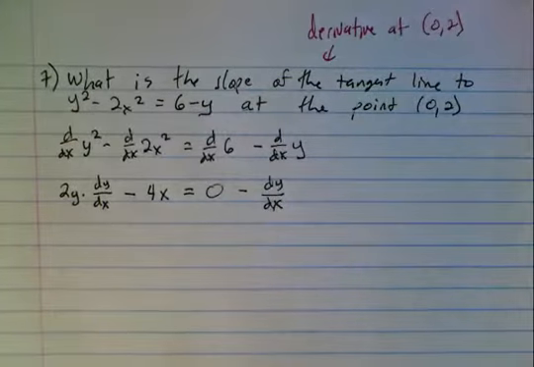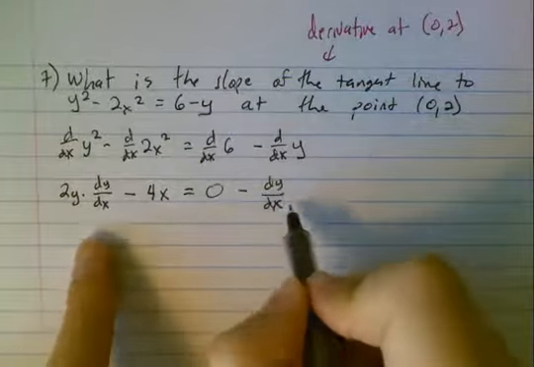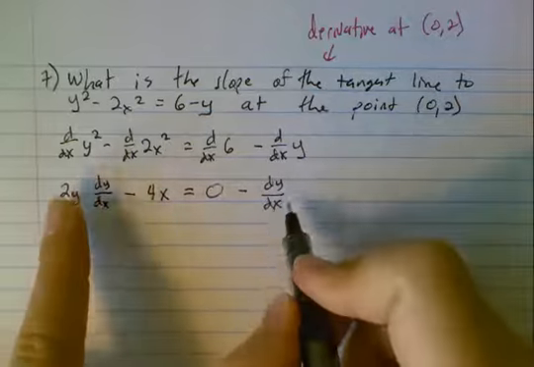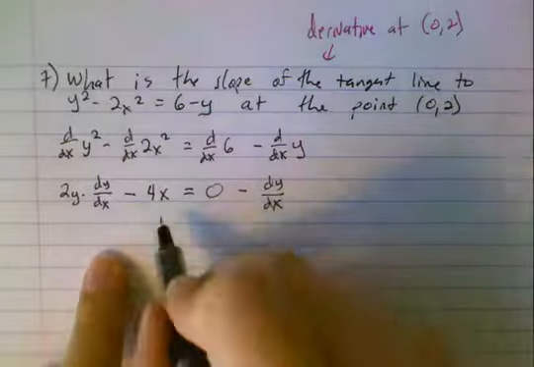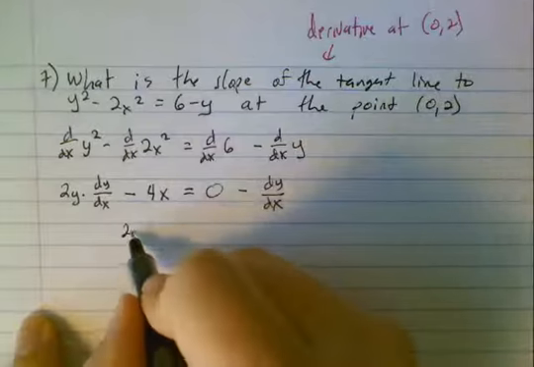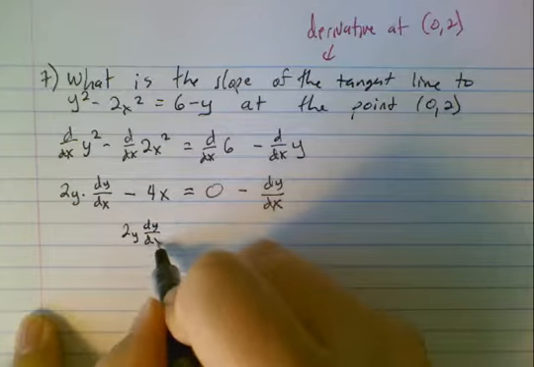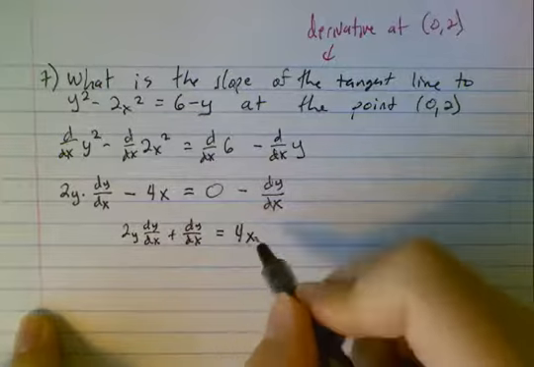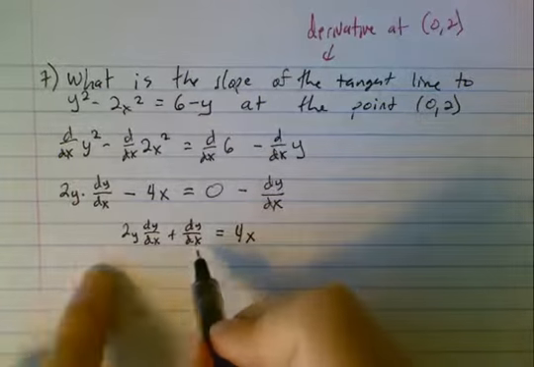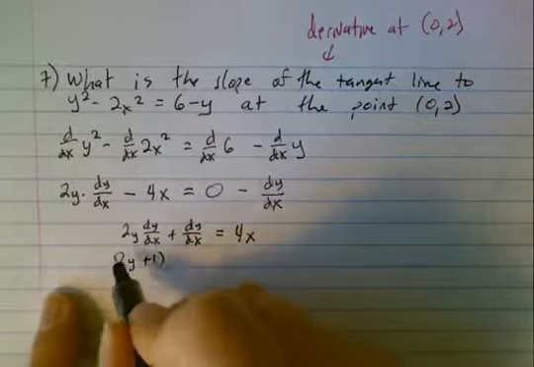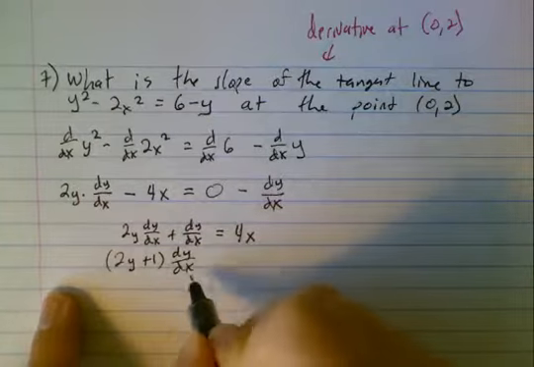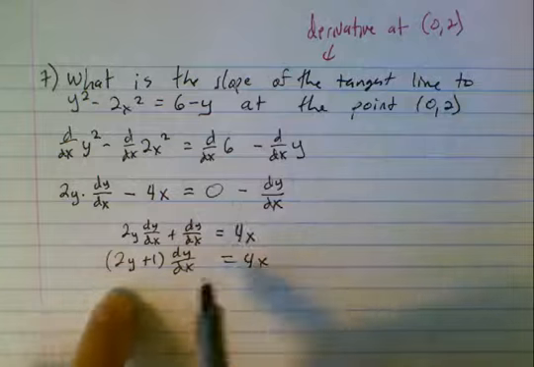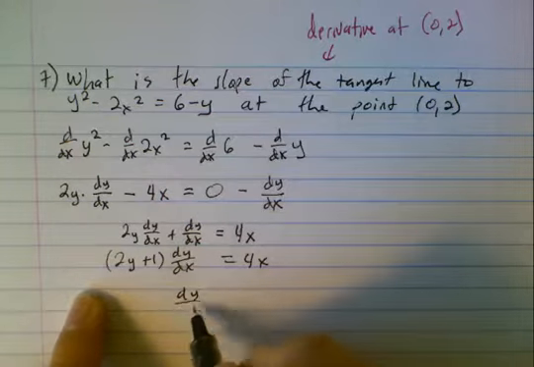Just like that. Okay, now we can treat this dy dx that we're trying to find, because that's our derivative, just like another variable. So I'm going to add dy dx to both sides. Add 4x to both sides to get it over here. Can factor out. Now I can divide both sides by this 2y plus 1.